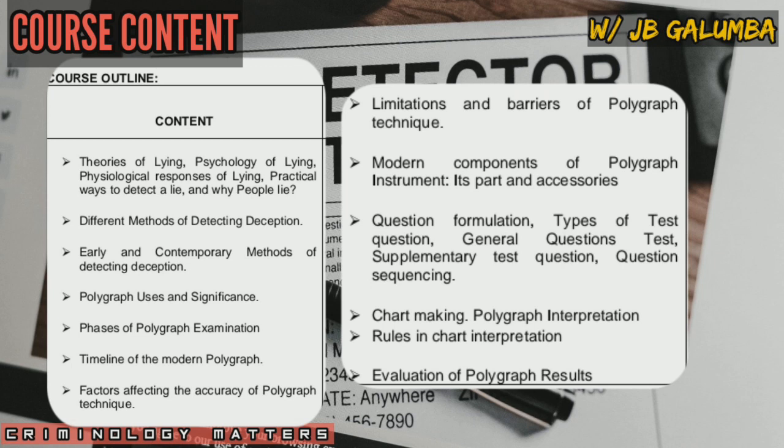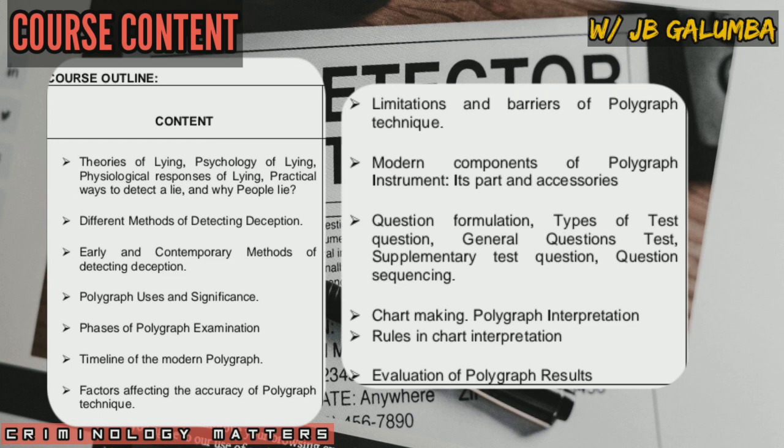Such as, for example, number one of the things that we should be taking into consideration: the general health of the person who will be subjected to polygraph examination. Is he suffering from any type of illness which may contaminate the result, such as asthma that will affect the breathing pattern of the person, or heart disease?